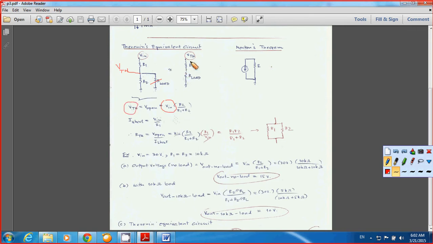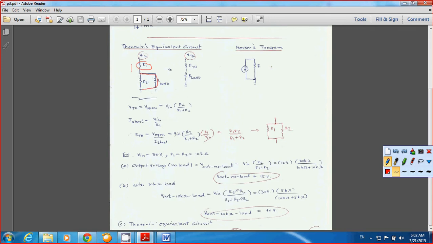And how do you get RTH? RTH is simply Vopen over Ishort. We already have Vopen, so what about Ishort? For Ishort, you bring a piece of wire and connect this node to ground, so you have only R1 left.